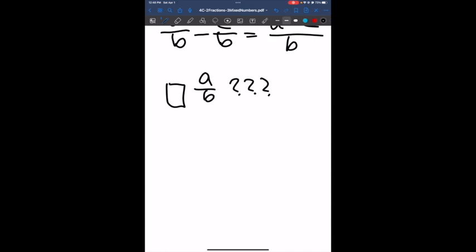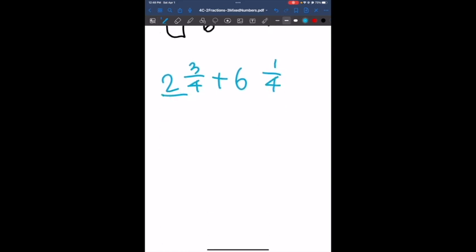So for example, if one mixed number is 2 and 3 over 4, and we want to add it to 6 and 1 over 4. What I mean is you want to separate the whole numbers. So we're going to consider 2 and 6 separately from 1/4 and 3/4.